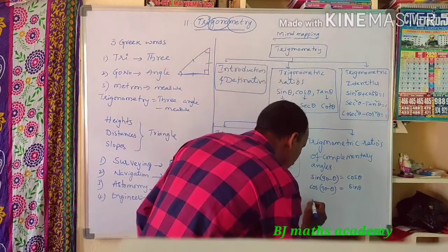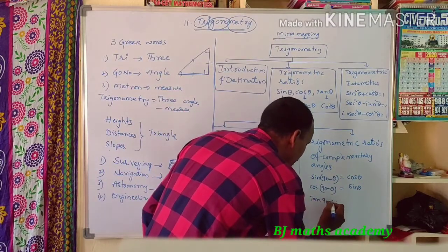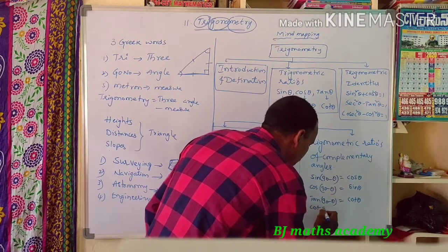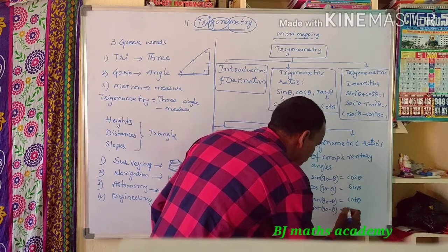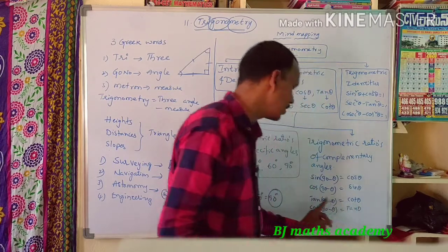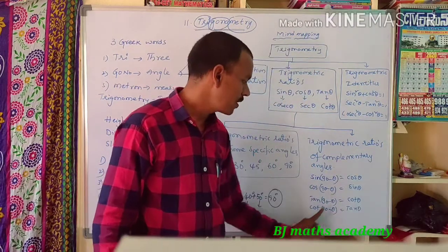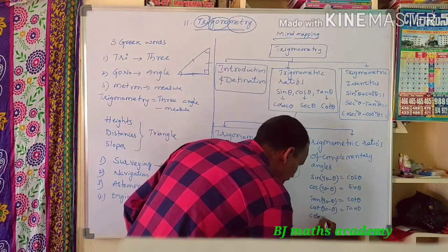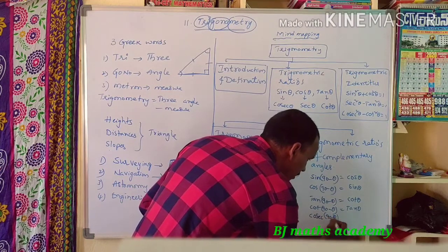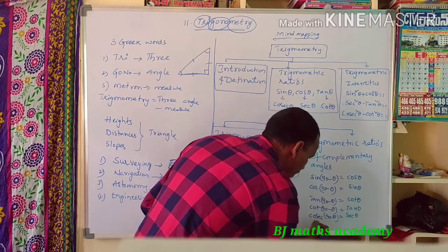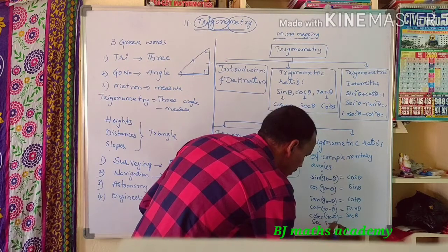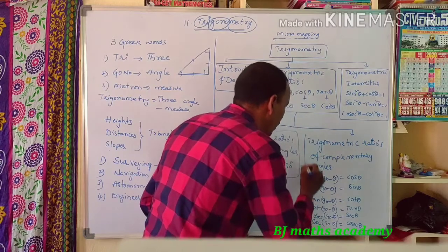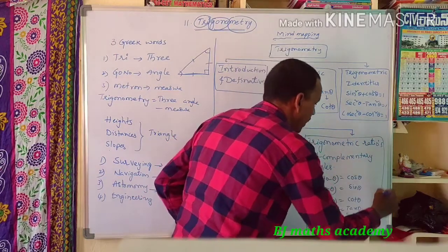Next, tan 90 minus theta is equal to cot theta, and cot 90 minus theta is equal to tan theta. These two are also the same: tan becomes cot and cot becomes tan. And the remaining 2 are cosec 90 minus theta is equal to sec theta and sec 90 minus theta is equal to cosec theta. These 6 are trigonometric ratios of complementary angles.